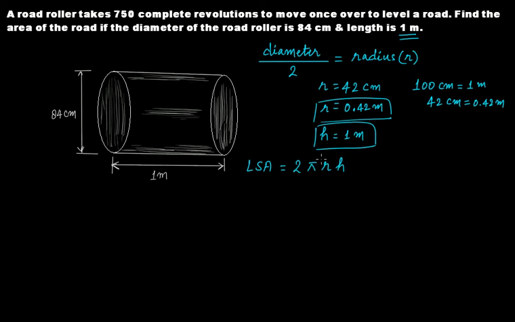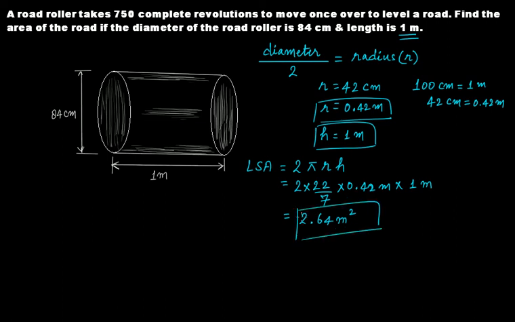So this 2 pi r h, if you calculate from here, this is 2. Let's take pi as 22 by 7, r is 0.42 meter, and h is 1 meter. When you calculate this, your lateral surface area comes as 2.64 meter squared. Therefore, in one revolution, your road roller will cover this area on the road.